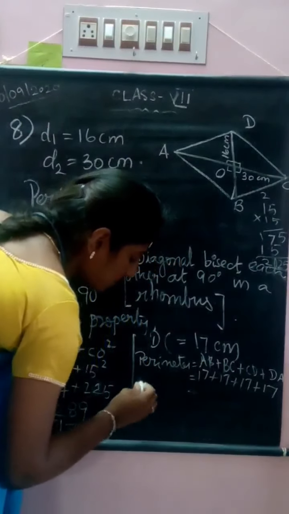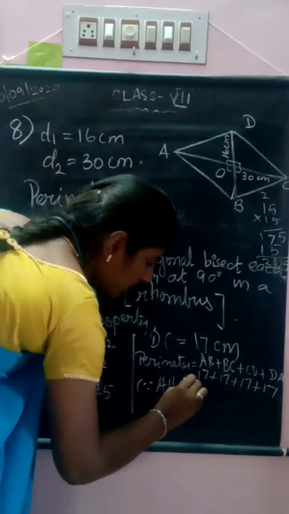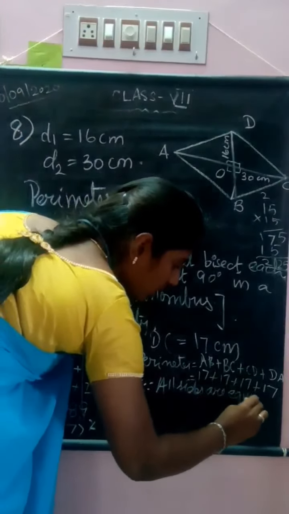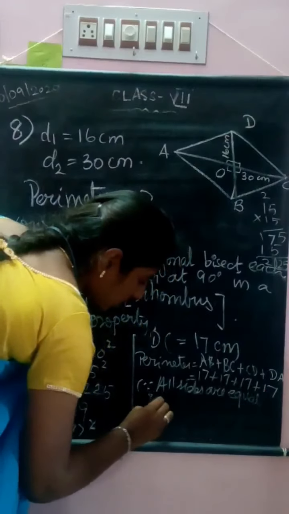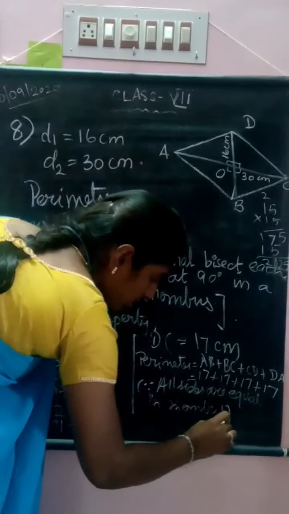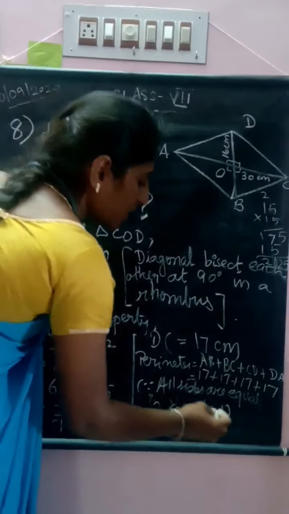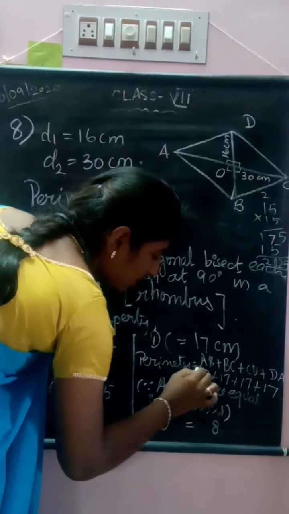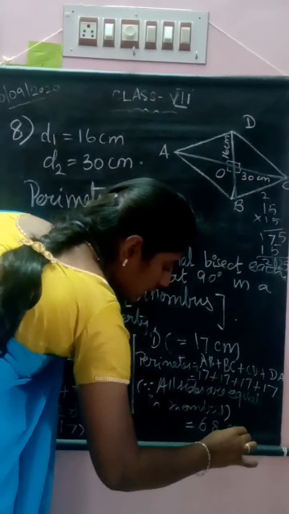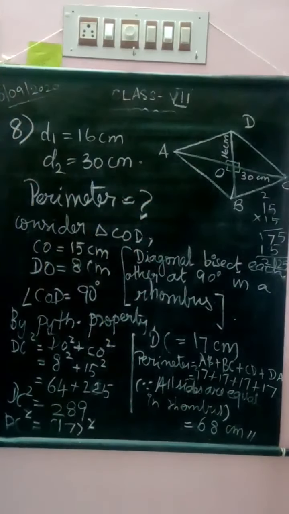How does this happen? Because all sides are equal in a rhombus. So the perimeter is, 17 fours are how much? 7 fours are 28 and 4 ones are 4 plus 2, 6. 68 centimeters is the perimeter of the given rhombus.